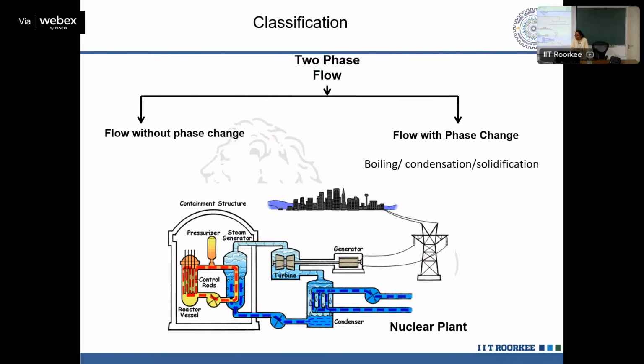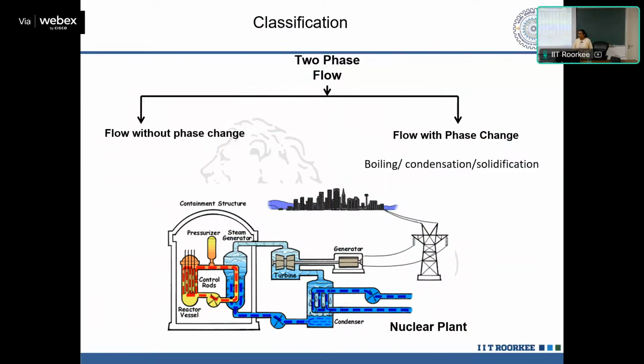This does not happen in a single go. There is a continuous change of phases of the liquid. Gradually the liquid changes to vapor or steam. So when this transition takes place inside the tube, you observe two phase flow phenomena.